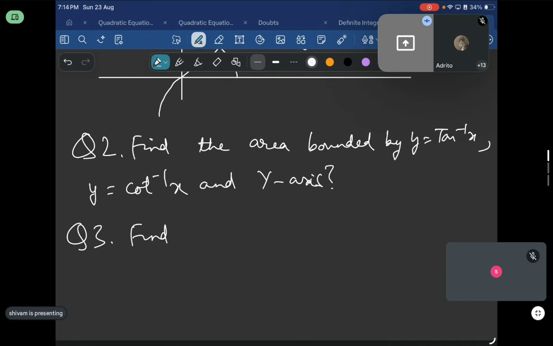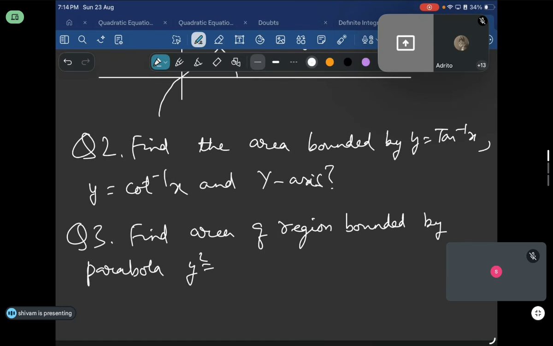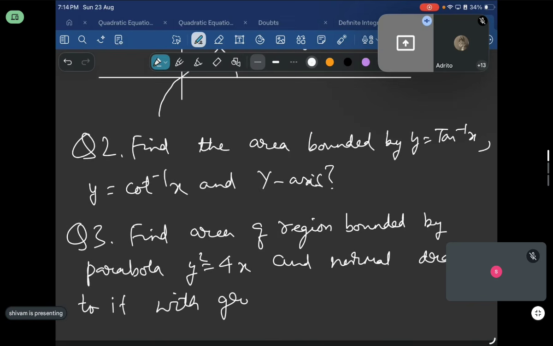Find area of region bounded by these two curves. So interval you have to find it. Curve sketching is important. Bounded by parabola y square equal to 4x and normal drawn to it with gradient minus 1. Quickly solve.